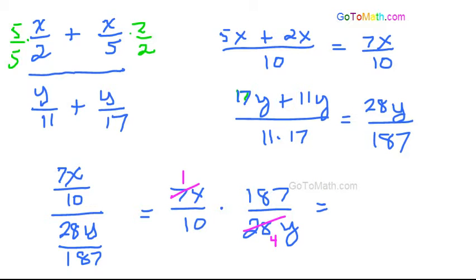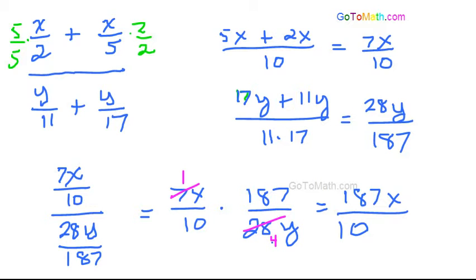Either 2 or 5 goes into it, and 2 doesn't go into it, and neither does 5, so those aren't going to do any good. So it looks like 187 will stay in the numerator along with this x over 10.